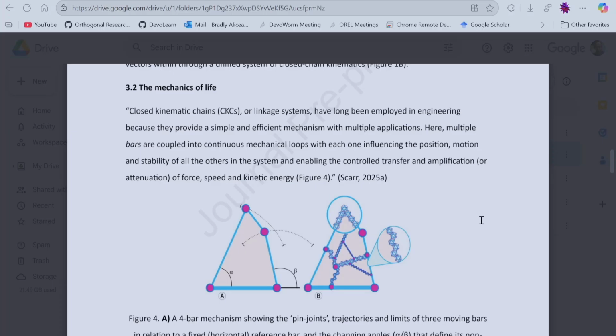So if you think about a double pendulum, if you've ever seen one of those, if you have a single pendulum, of course, it moves back and forth, and it's deterministic in its movement.